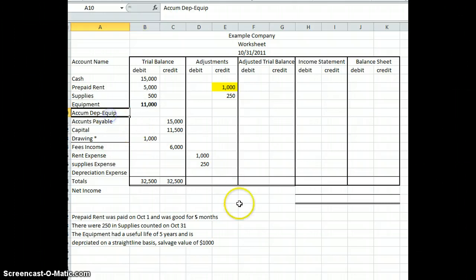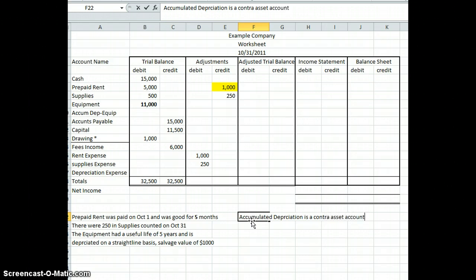So we have a special account that we use called accumulated depreciation. Accumulated depreciation is a contra asset account with a normal credit balance.